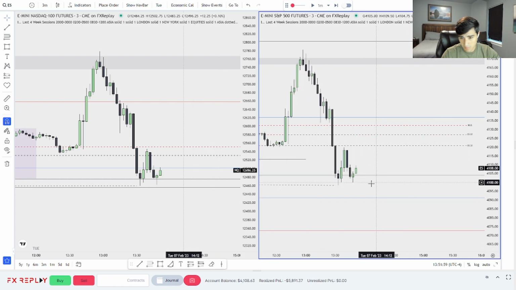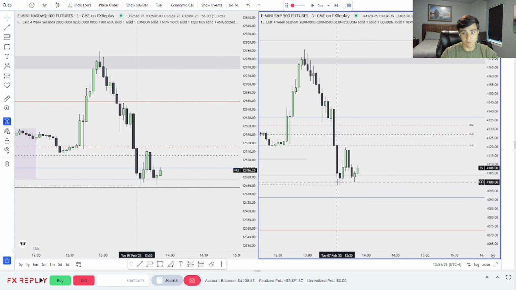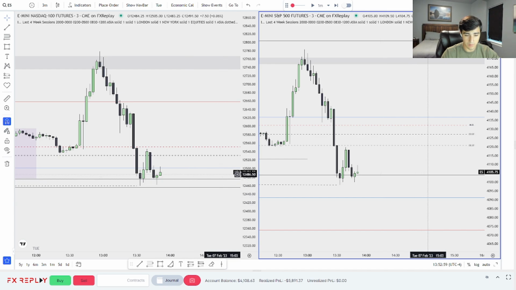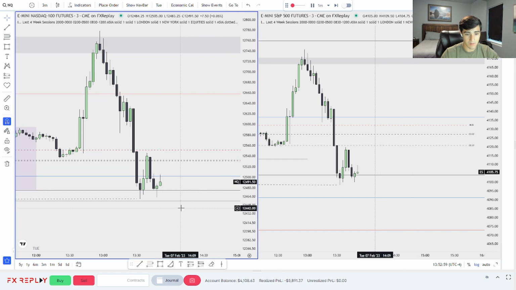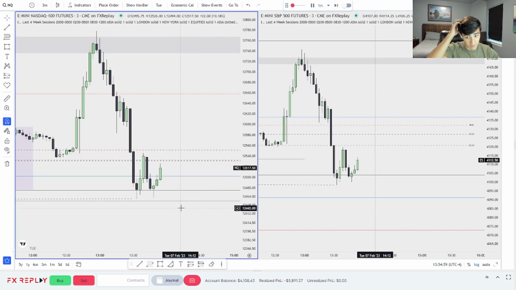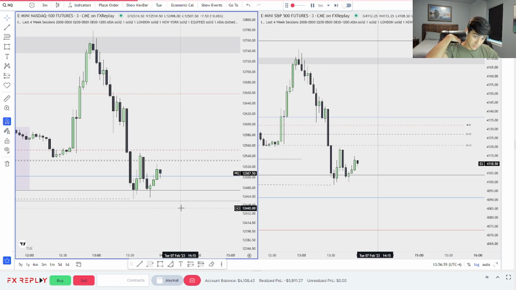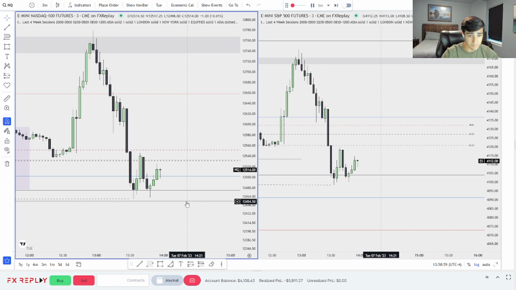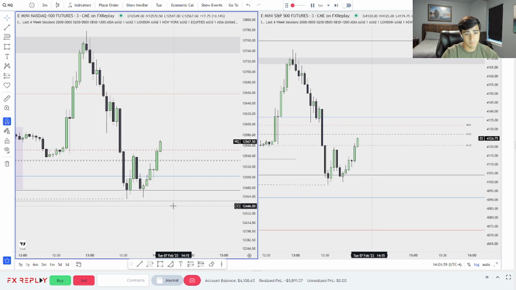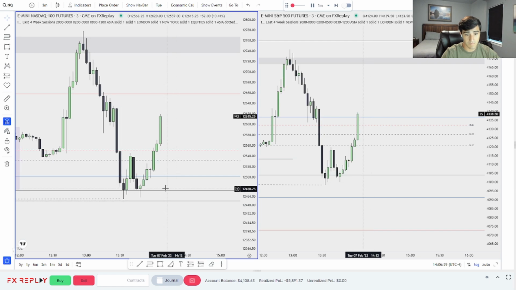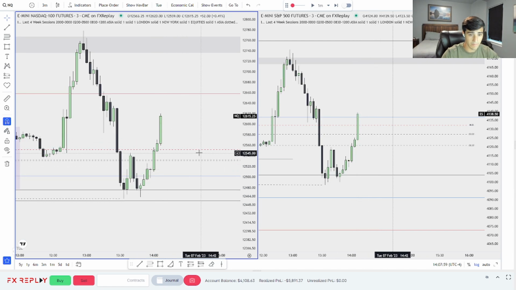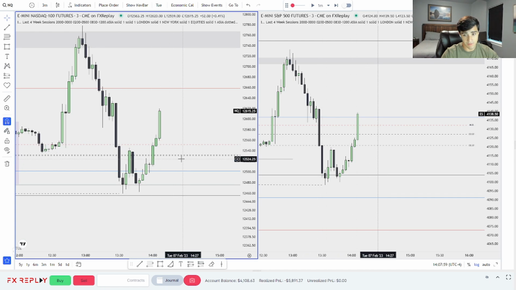So we form a low, we run an important level of liquidity, we form a low. Now I want to see a run on this low and then begin to trade higher. Okay, we don't get that. Cool. We do have a shift in market structure though.